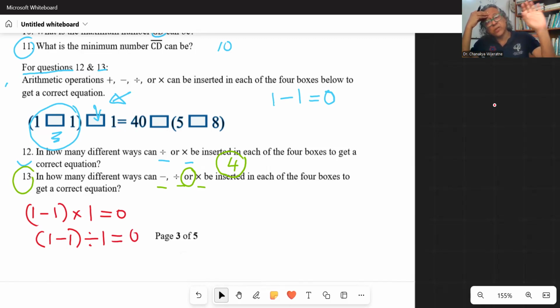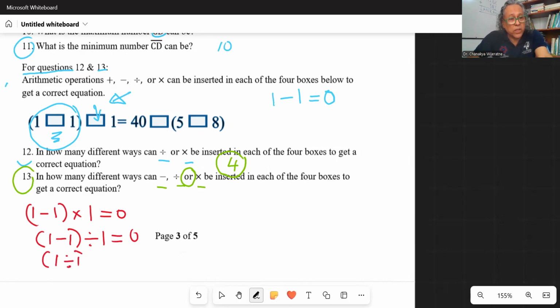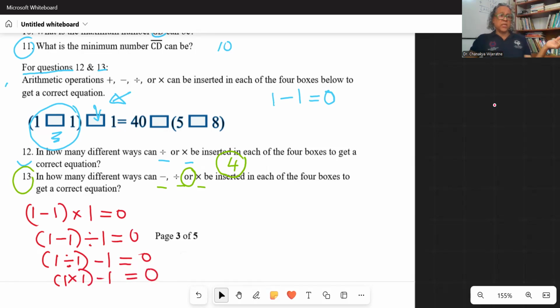If you divide 0 by anything, you get 0. And then we can have 1 divided by 1 minus 1, you get 0. And 1 times 1 minus 1 is 0. So there are 4 ways of getting 0 on the left-hand side.